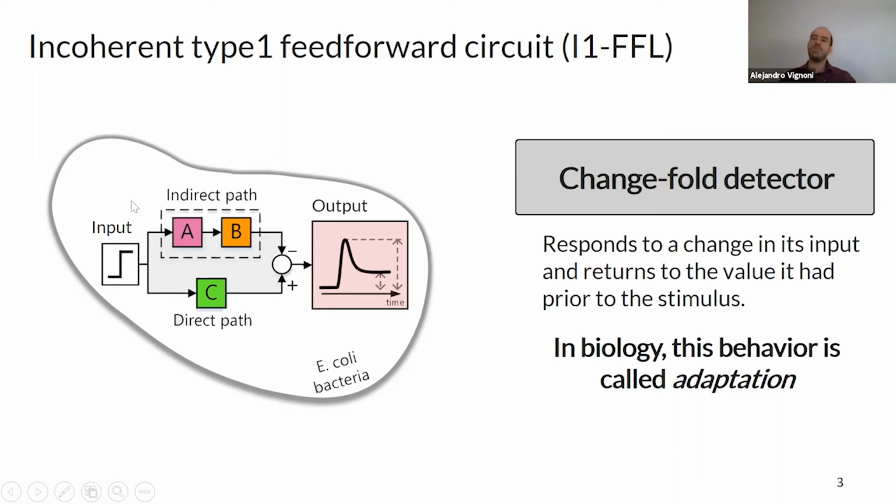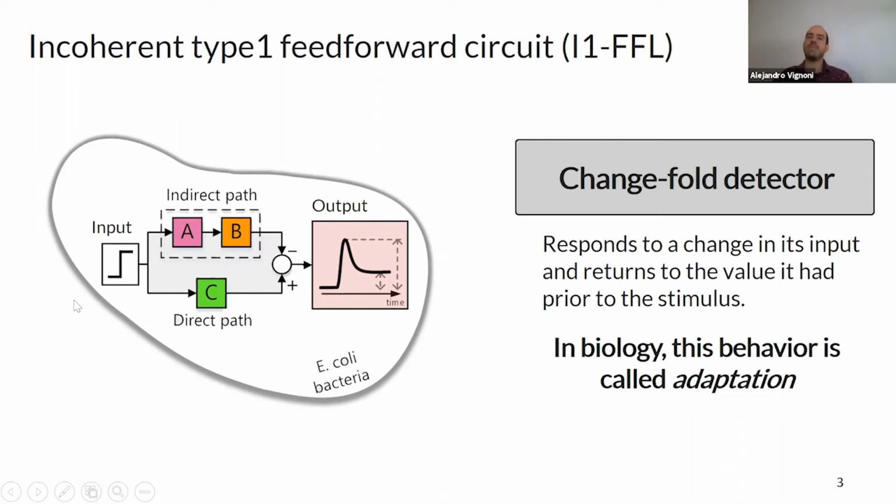If you put these two together, the resulting behavior of this circuit is that when you have a change in the input, the output responds going up and then quickly goes back down. If it goes back down to the previous level that we had before, then that is what is called perfect adaptation, and this behavior in general is what is called adaptation.